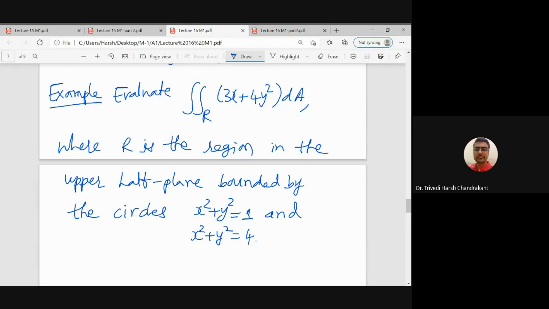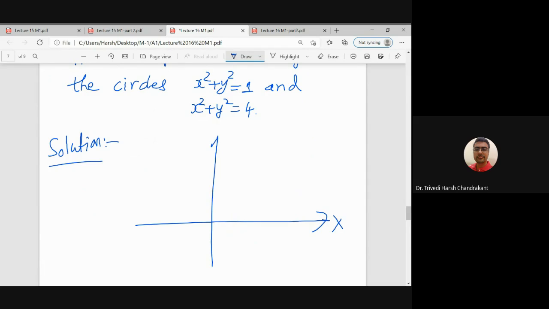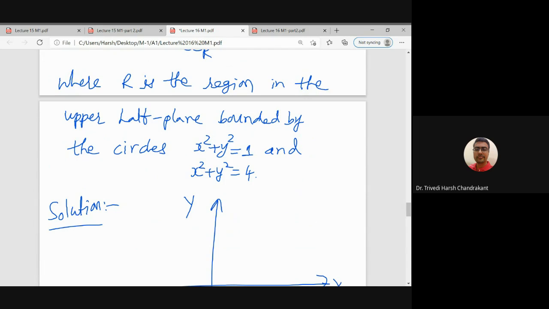So suppose this is given as an example, then there are three methods we discussed so far to solve this problem. The first method is whether the region is rectangular. So let us first draw the region. The region is in the xy plane, and here we know that the region is essentially the upper half plane, that means above the x-axis, and it is bounded by two circles.